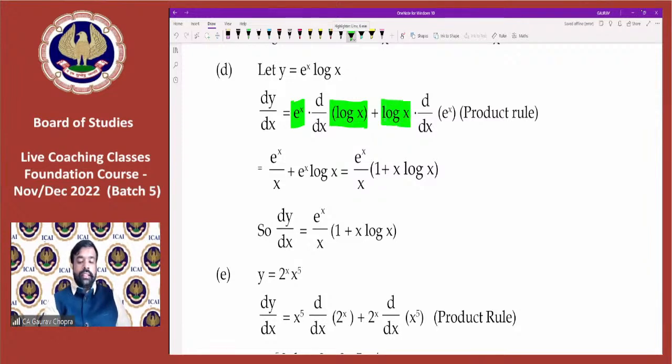Then log x as it is, derivative of e to the power of x. So what will happen? The derivative of log x will become 1 by x. This second log x is as it is, and then e to the power of x will remain the same. And then we can take common, and it becomes the final result.